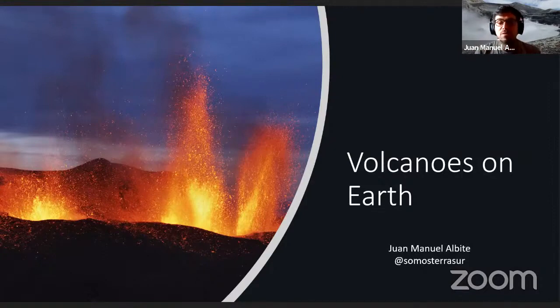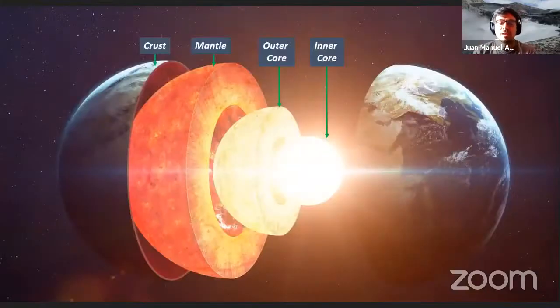So we will talk about volcanism on Earth. To start this talk and understand volcanism better, we have to know where it happens. Earth has different layers, and volcanism is strictly related to the crust, obviously, while the magma originates in the mantle.